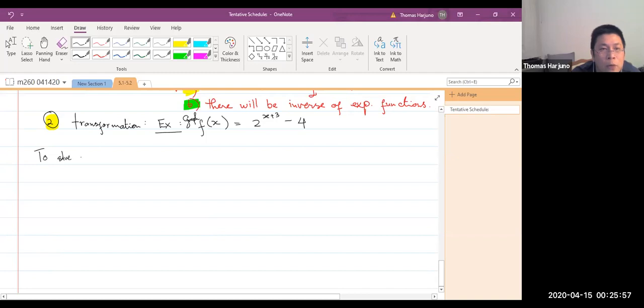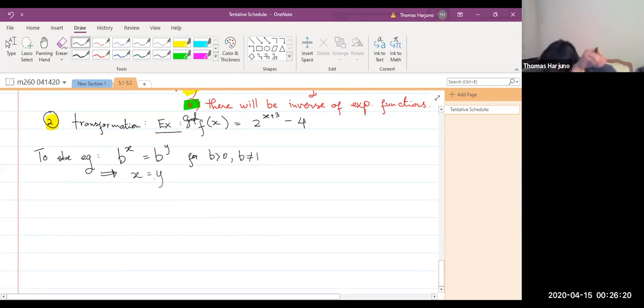To solve an equation, if we have b to the x equals b to the y, for b positive and not equal to 1, that implies the exponents must be the same, because the exponential function is one-to-one.